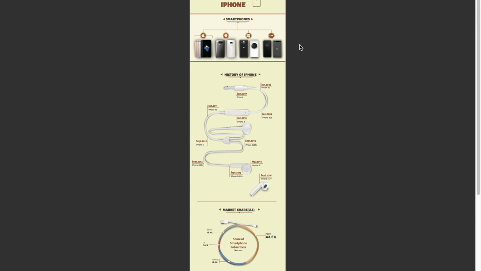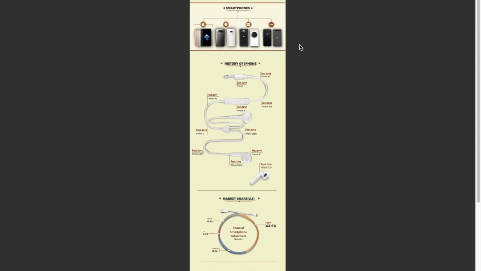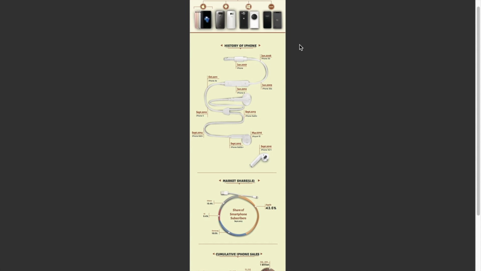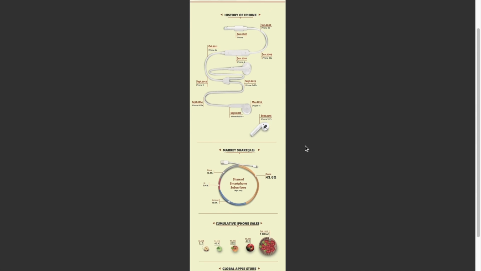Next possible questions can be, what are the models of iPhone? How popular is iPhone? And where can I buy iPhone? For each question, my displays have answers. For example, my timeline shows different models of iPhone by year.